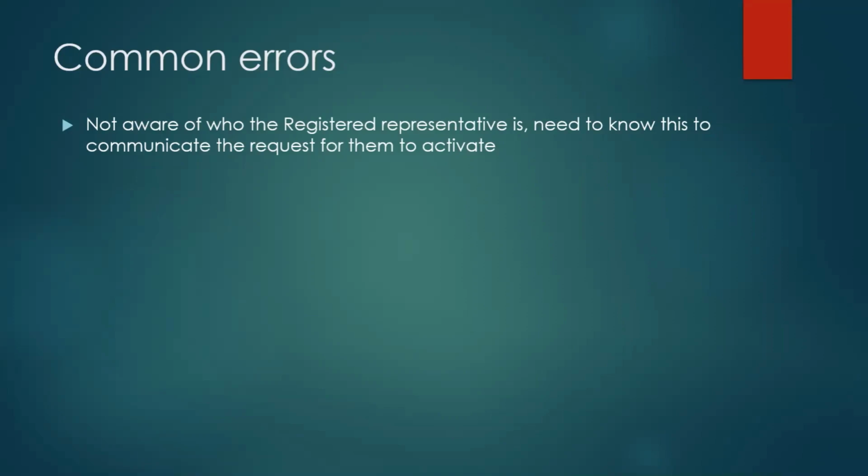It can't be any of the registered representatives. It has to be the person registered with SARS. This needs to be known in order to communicate it to the registered representative so they can then activate the tax types.